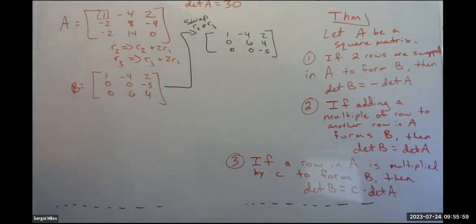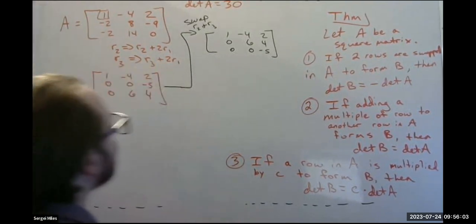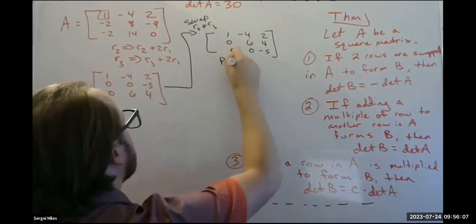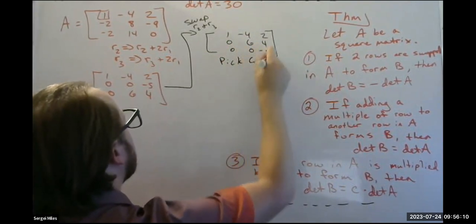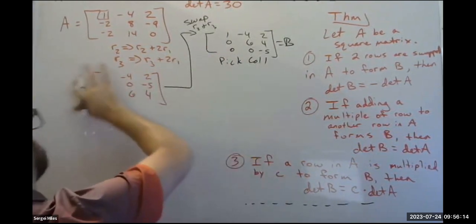All right. So what happens? I've swapped things. It's now in echelon form. Let's try to do our determinant. In fact, what if we pick column 1? Pick column 1. And this is my new matrix B now.